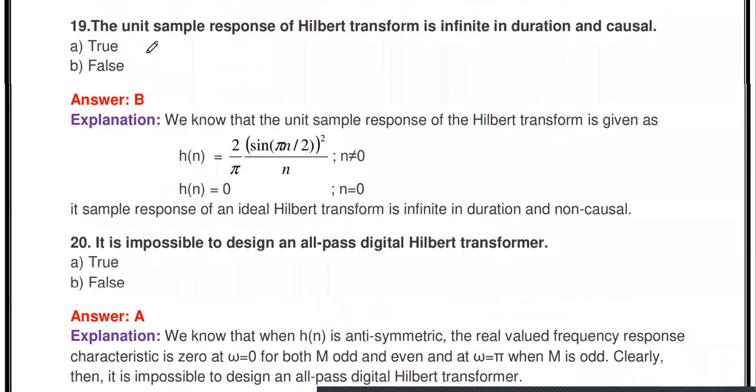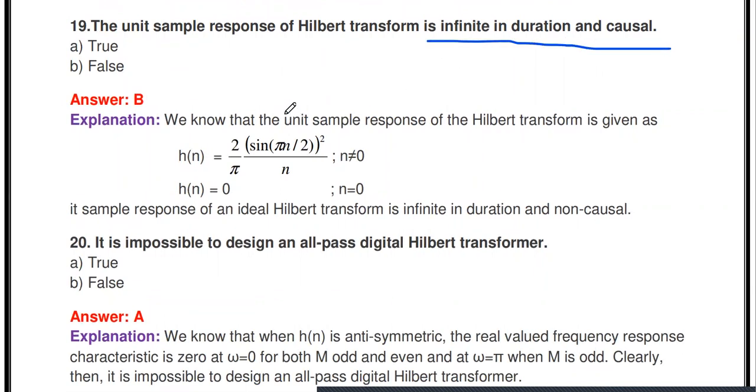The next question: the unit sample response of the Hilbert transform is infinite in duration and causal. True or false? It's false. What is the unit sample response of the Hilbert transform? H of n equals 2 by pi n, sine pi n by 2 the whole square, when n is not equal to 0, and h of n is 0 for n equal to 0.